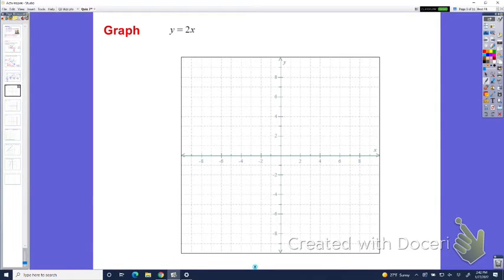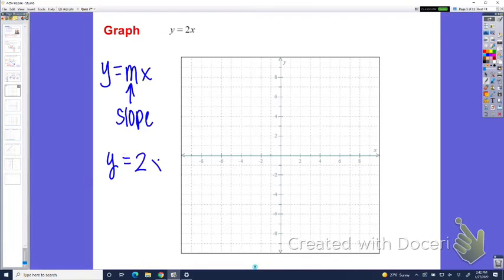Graph the line y equals 2x. This is in the form y equals mx, and this number right here in front of x is the slope. So we have y equals 2x, so you can put that 2 over 1, and slope is rise over run.